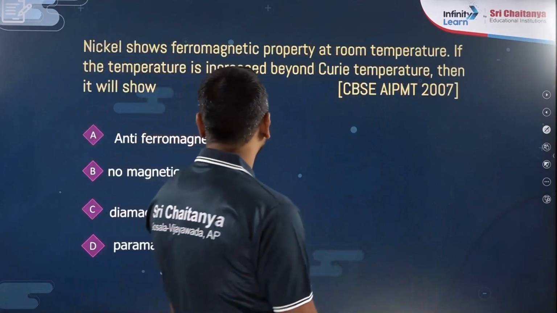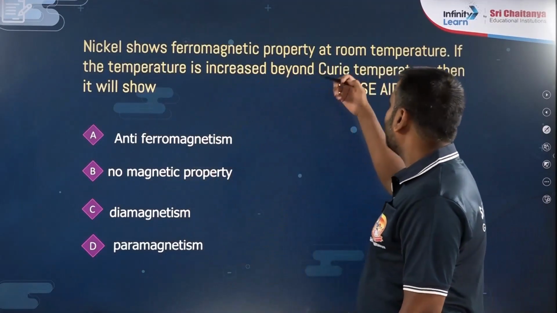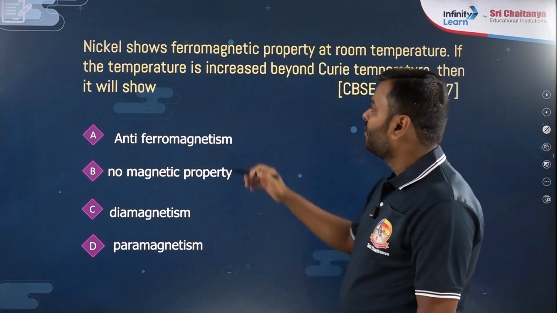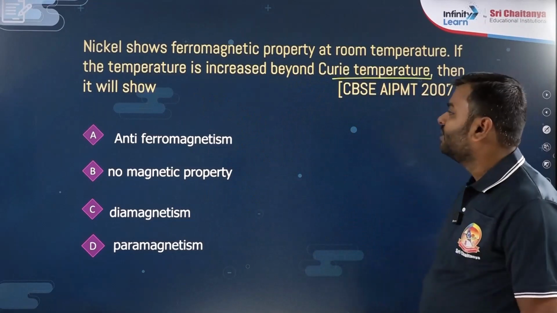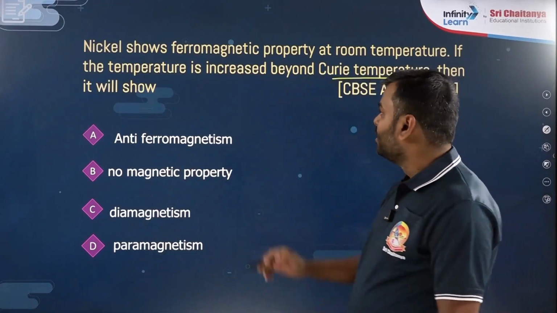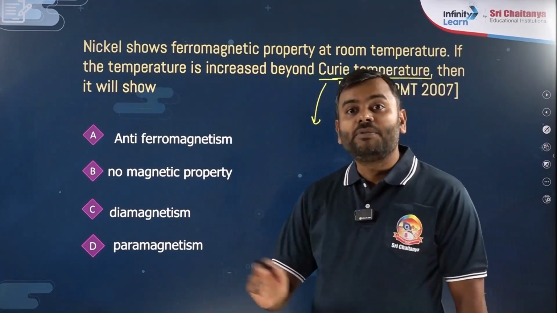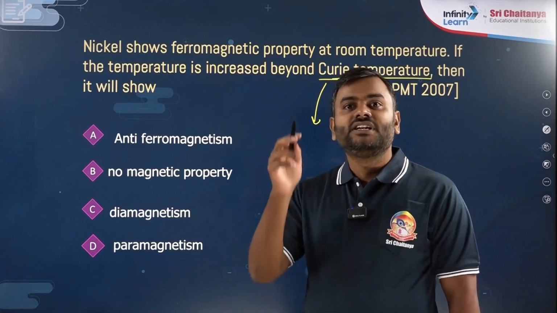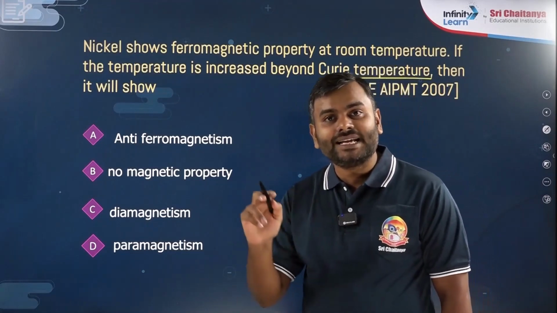So the next question we have is, nickel shows ferromagnetic property at room temperature. If the temperature is increased beyond the Curie temperature, then it will show what? So first of all, we have to understand what is Curie temperature. Curie temperature is a temperature above which the ferromagnetic substance will start behaving as a paramagnetic substance.